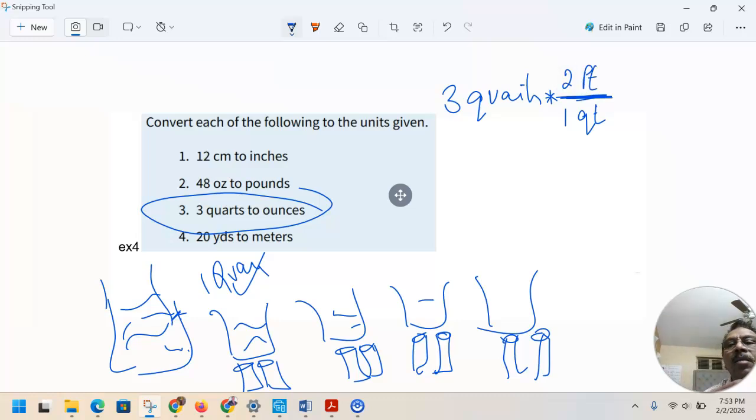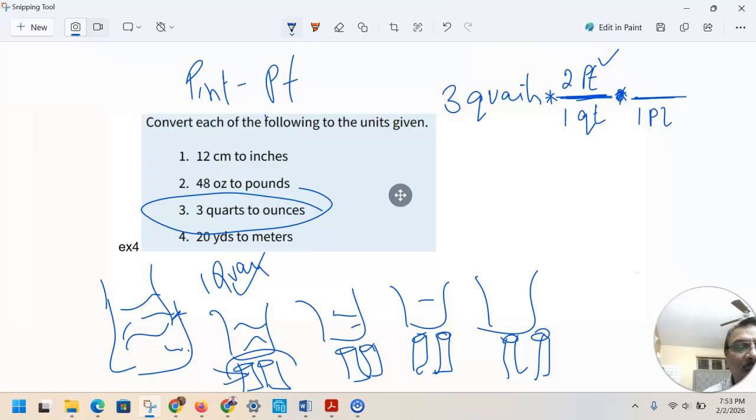Okay. So now there's a pint here. So 1 pint is how many cups? Every 1 pint you can see two cups. Each of these will be like a cup. So 1 pint will give you 2 cups.